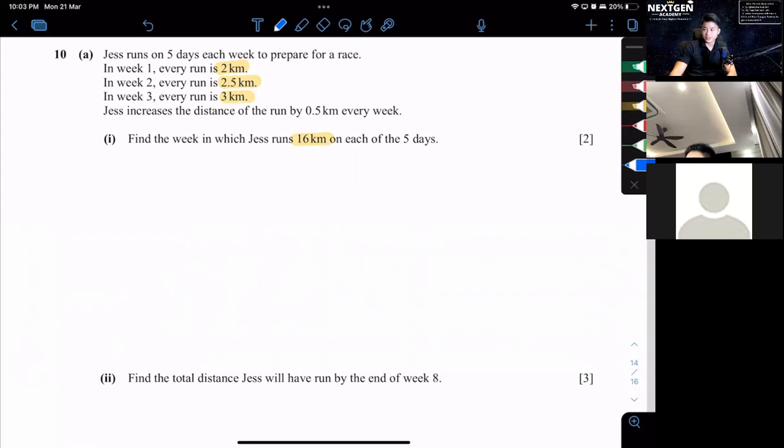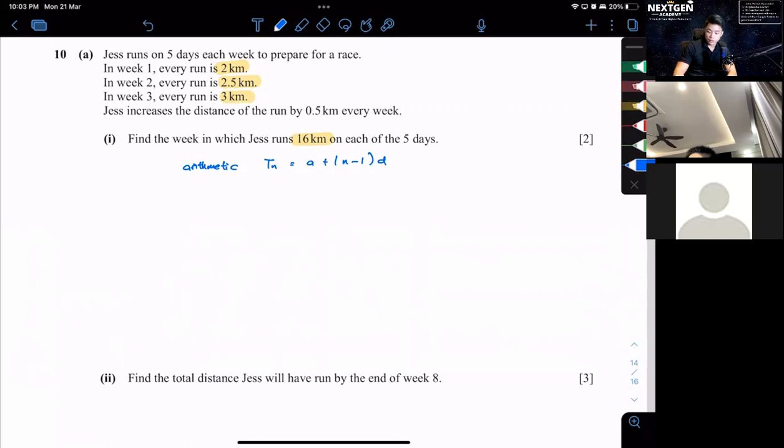So it follows an arithmetic progression, which your formula is Un or Tn, Tn equals a plus n minus 1 d. So we want to fill this up, then find the n value. That means which week that Jess runs 16 km on each of the 5 days.